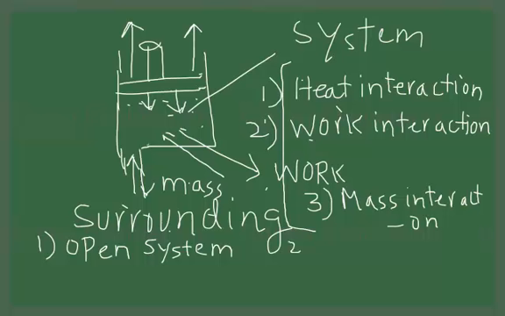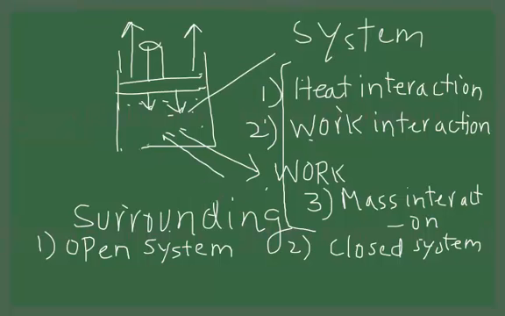Second type is called closed system. In a closed system, only this mass interaction is not allowed.